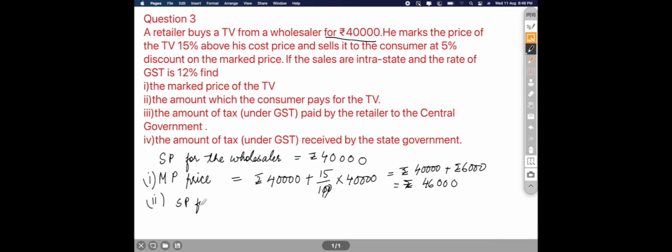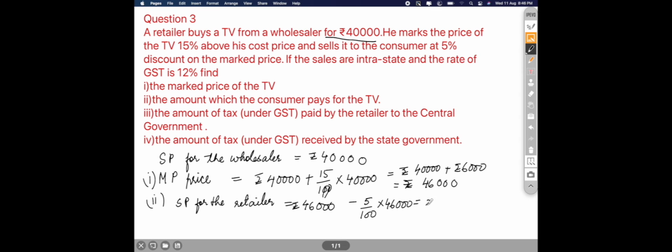Selling price for the retailer is 46,000 minus 5% discount of 46,000.